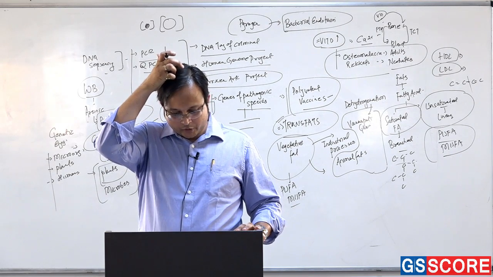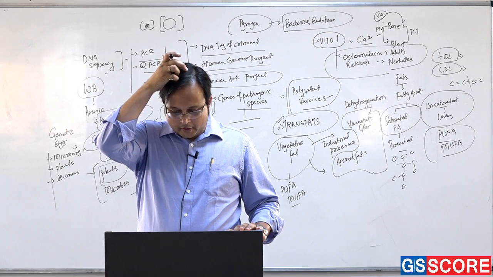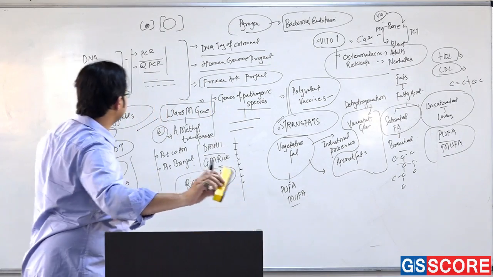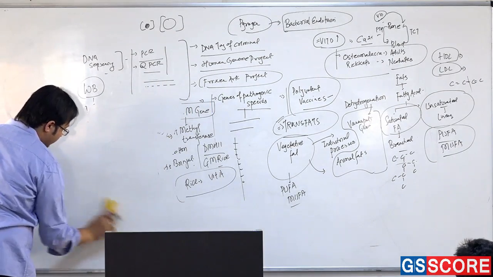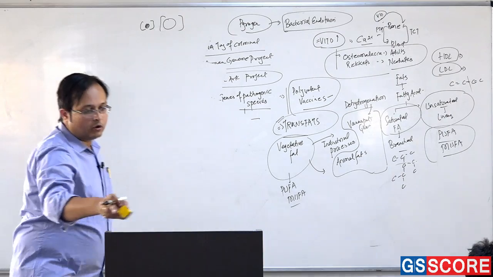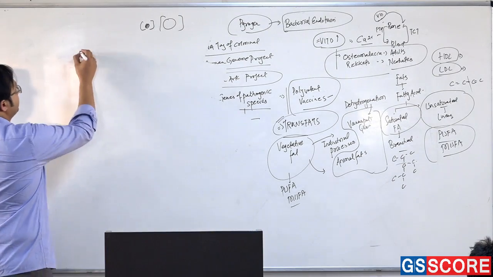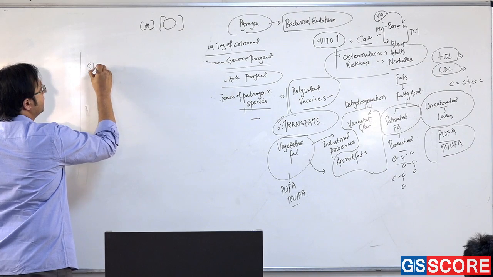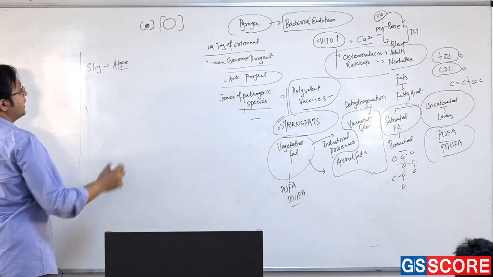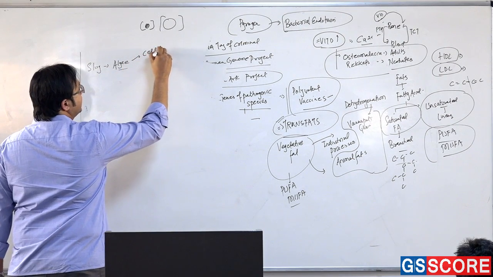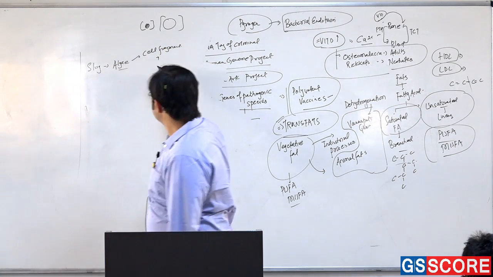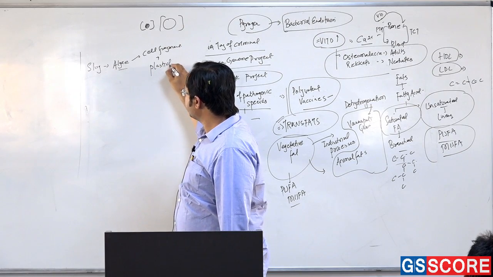Then this Elysia chlorotica. Elysia chlorotica is one type of slug, also called a green sea slug. Slug, we can say a snail-like organism. And this Elysia chlorotica is important, or has been in the news, because this slug eats algae, and then it breaks down the algae into cell fragments and its photosynthetic assembly, that is plastid.